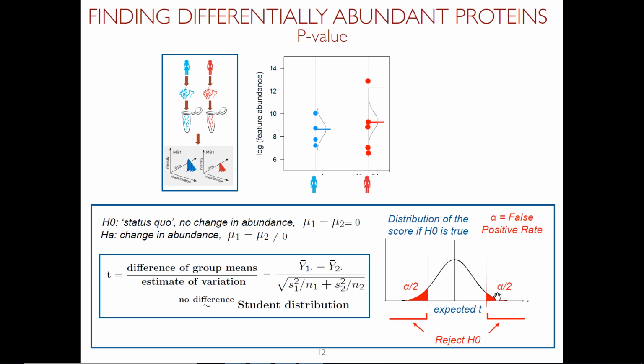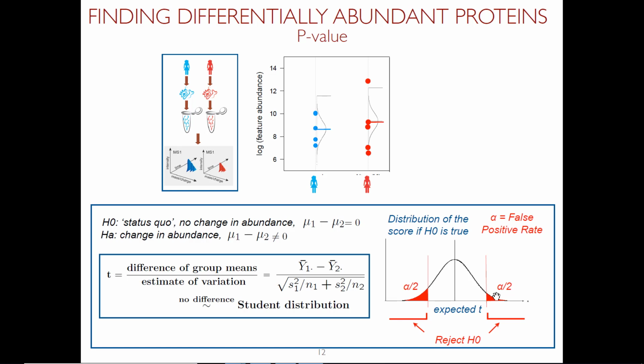This is our alpha, this is called type 1 error. These values are defined such that the probability to the left plus the probability to the right is 5%, meaning we have a 5% chance to see values that extreme from this range without being wrong in our assumptions.